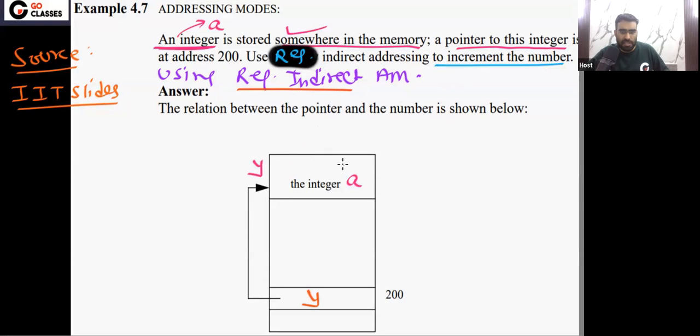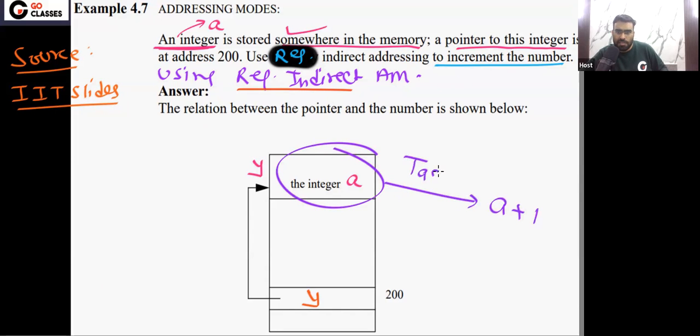You have to increment this. Did you understand the question? Here we have to put a plus 1. Is this clear? We have to increment this. That is the task. But remember, this is unknown. This is the only known data.